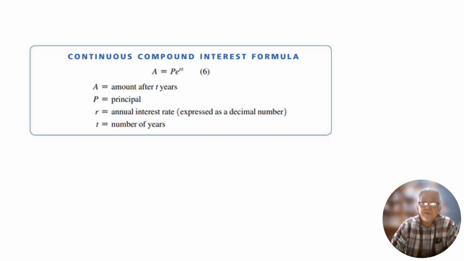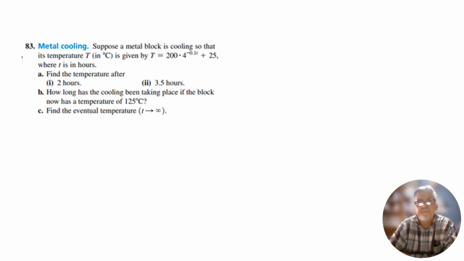It's beyond the scope of this class really to develop this, but there's the principal, there's the bank balance, there's a number e, it's 2.71828, a fixed, very important constant like pi. It's called e, Euler's number, Leonhard Euler, E-U-L-E-R, and r is, as before, the yearly interest rate, and t is the number of years. So we'll get into that, I just wanted to point out that there's that.